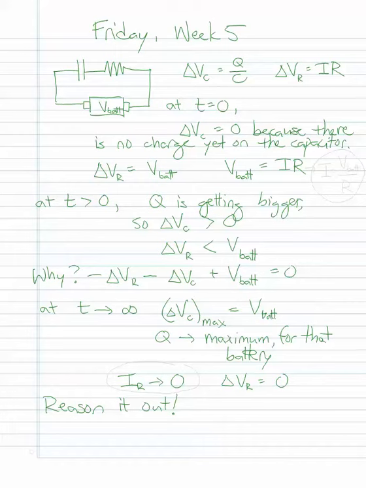So if the question is, what does the current do? That means that the current ends at 0. Where does it start? Well, it starts here, that the current is the voltage of the battery divided by the resistance. So it starts at that value and then goes to 0. And so if I graph that, it looks like this. Now, simply telling you that it starts high and ends low isn't really enough information to tell you the shape of the curve.